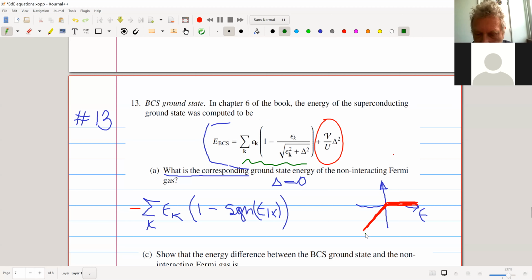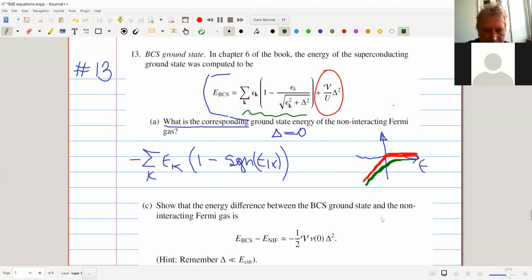Delta makes this cusp a little bit smooth. Right. Now I want to compare the energy difference. Good. That gives me a simple idea. What I have to do here, I have to take the difference. So, in fact, I need to compute an integral. I need to compute this area.